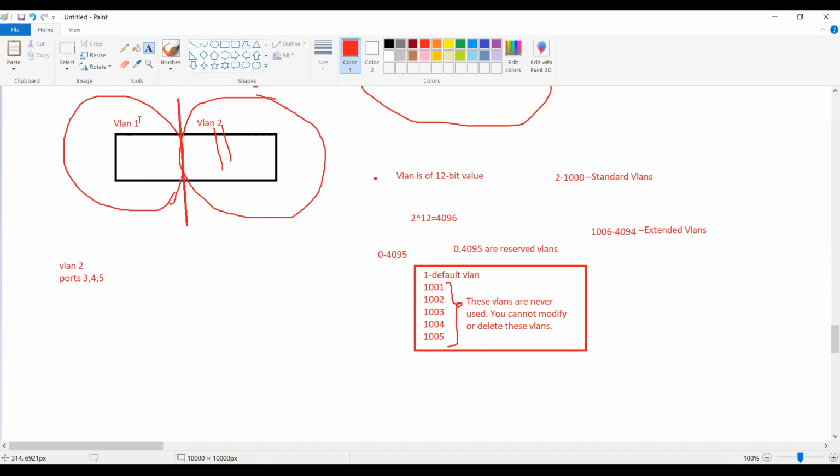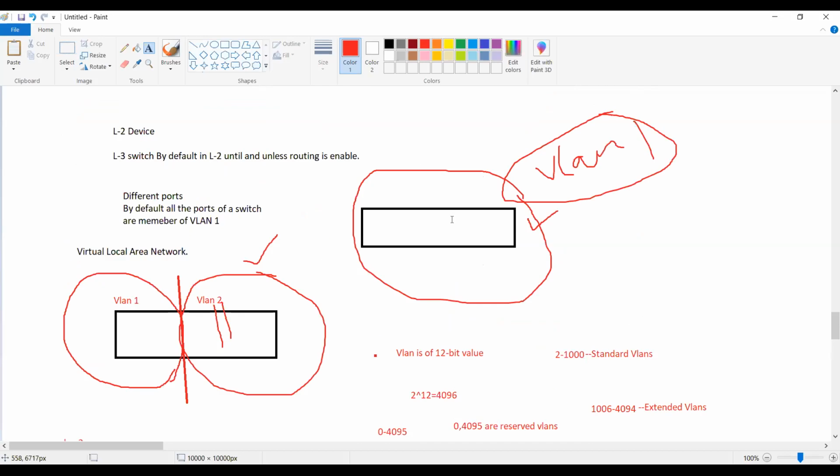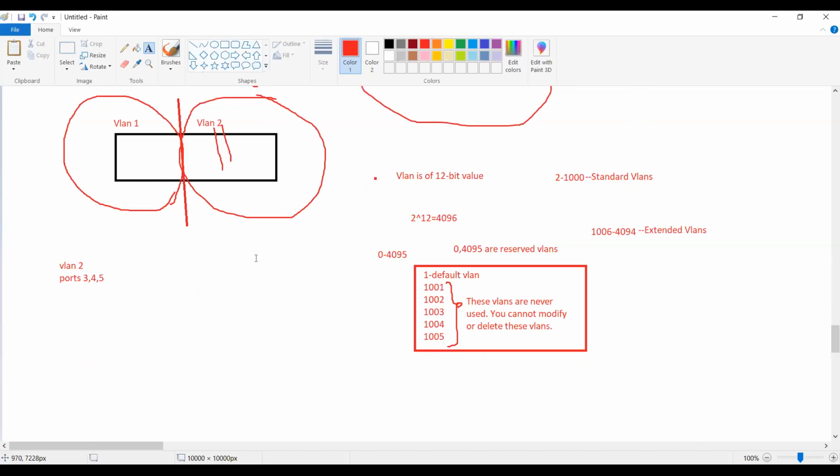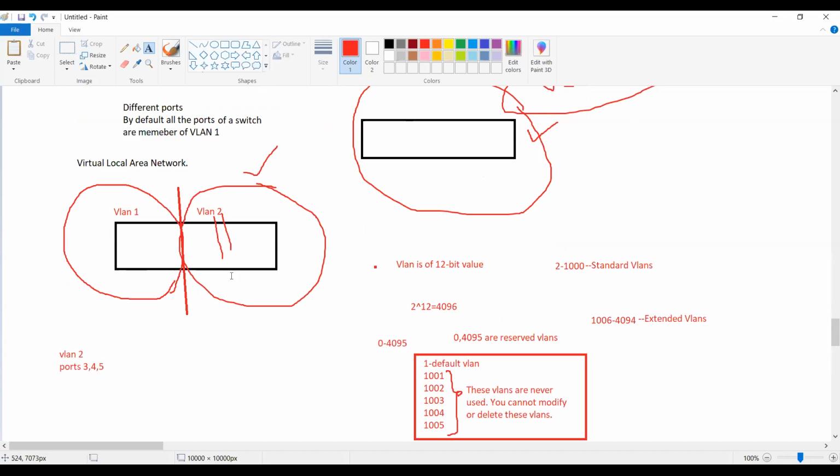No. You can just consider it a segregation of flats for one specific building. So a switch by default has a single broadcast domain. In order to explain why it has a single broadcast domain, I have entered into the VLAN concept. That is the only reason. Am I clear?